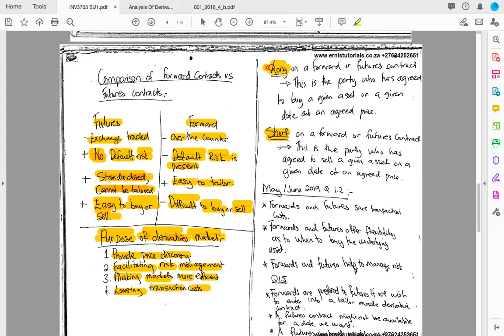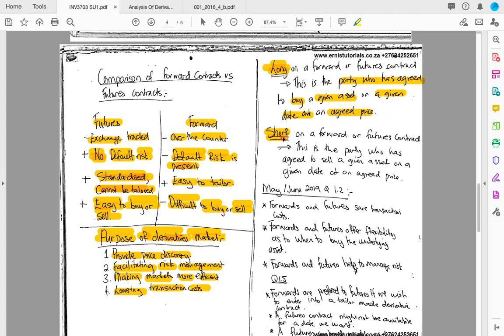When we say that you go long on a forward or futures contract, if you're the long party, you are the party who has agreed to buy a given asset on a given date at an agreed price, okay? So if we say you are long on a forward or futures contract, it means you're the party who has entered into the contract to buy a given asset on a given date at an agreed price, okay?